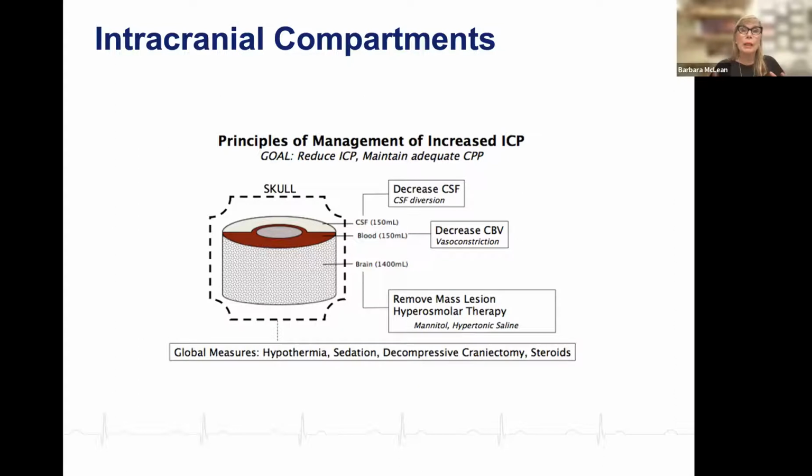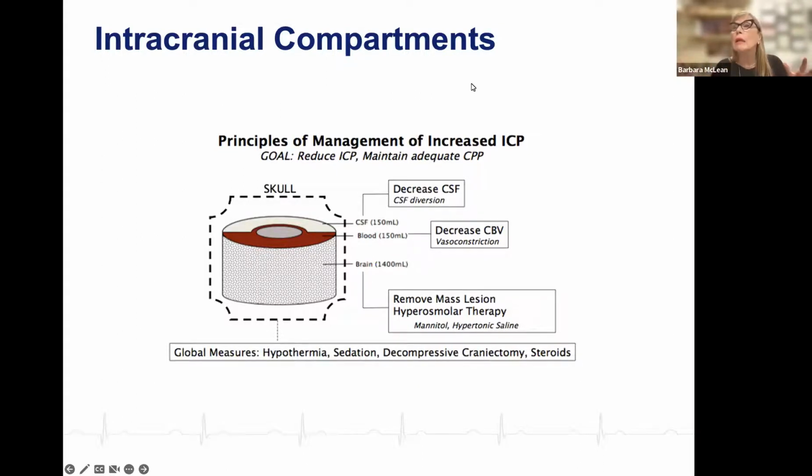So really, really important for us to remember that our goals when we're trying to control the occupation in the brain, we actually decrease cerebral spinal fluid by diverting it out of the body and collecting it externally. We can vasoconstrict to decrease cerebral blood volumes. We can remove a mass lesion, or we can mobilize free water.